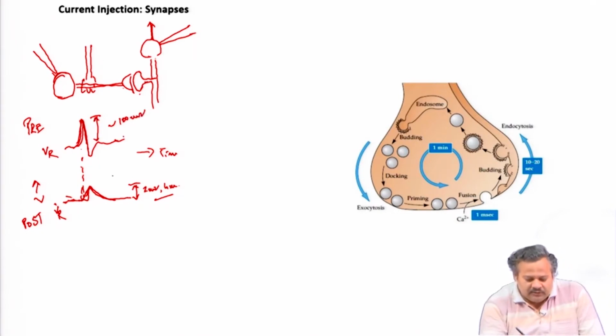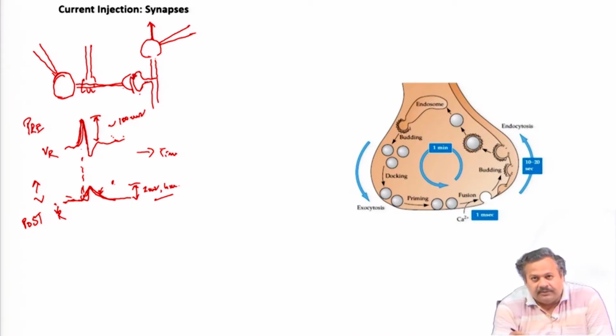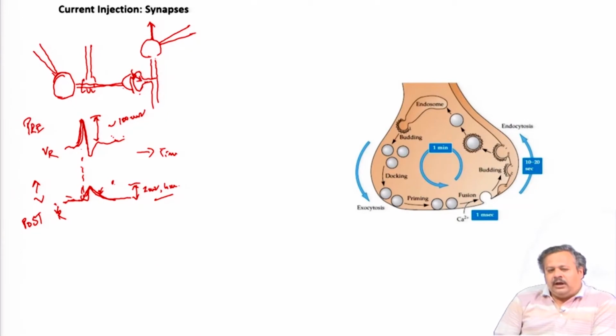Just to make sure that you do not confuse the scales on the two different plots. What this is reflecting is that because of the receptors here, the ion channel receptors of the neurotransmitters, there is current flow into the postsynaptic neuron, and that depolarizes the postsynaptic neuron.